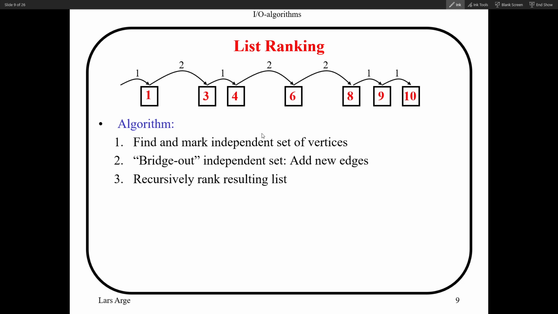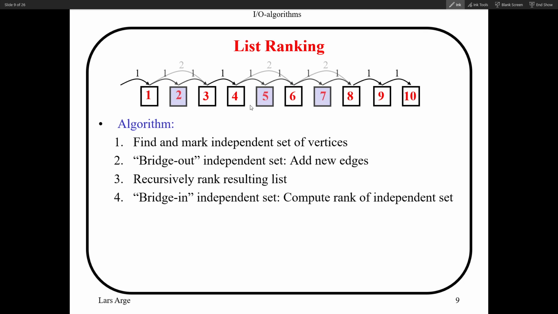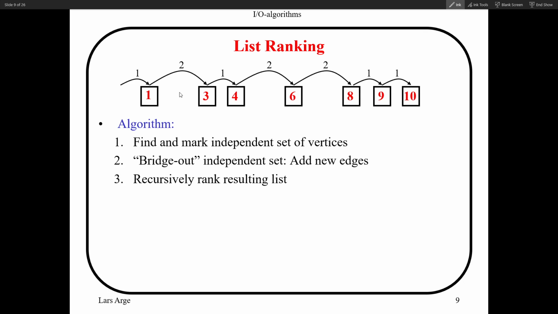And once we bridge out a constant fraction of the elements of the linked list, we can recurse. We recursively compute the ranks of the remaining elements, and then the only thing left to do is to bridge in, to compute the rank of the elements we just deleted. But since they were independent, plugging them back in is relatively easy, because I just need to plug in the edge that I've forgotten.